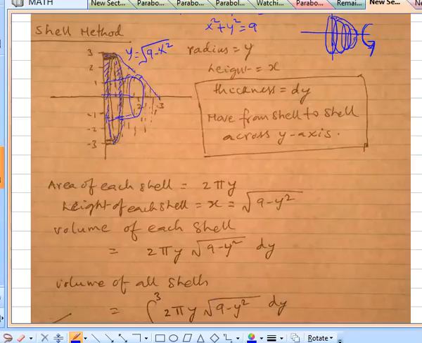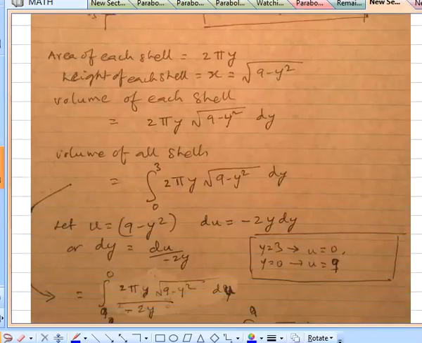And the range is going from 0 to 3. So the radius changes from 0 to 3. That's why we have the integration from 0 to 3, 2 pi y square root of 9 minus y squared.